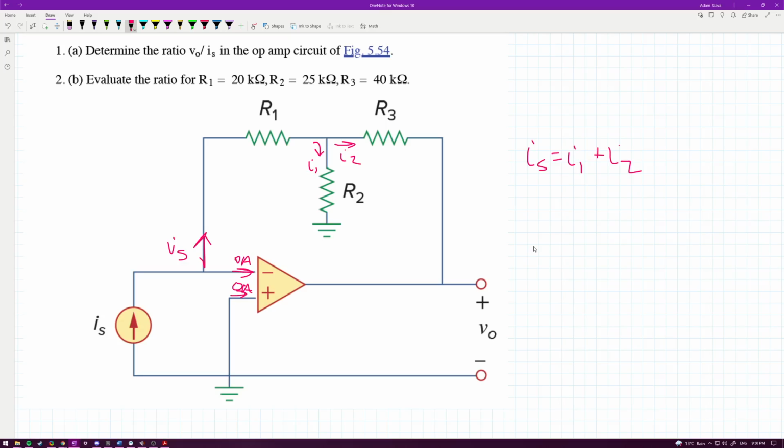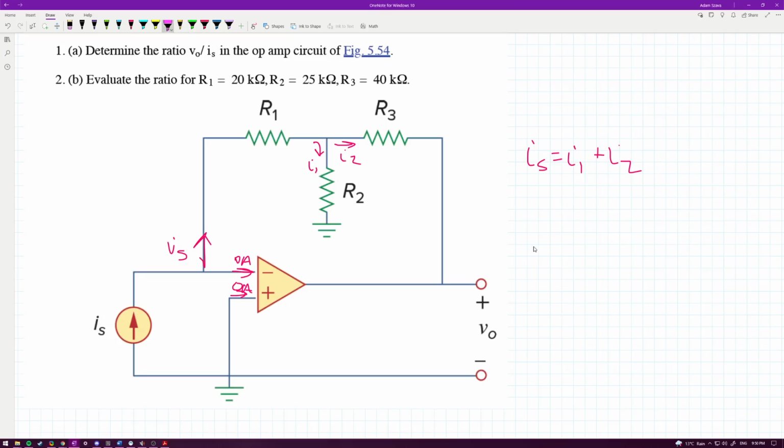Well, I think you would know. The current going into VO would be I2. Could that help? Yeah, it would be I2. But it's not like it's a resistor, right? It's just the voltage. So VO is essentially just the voltage at that node there.